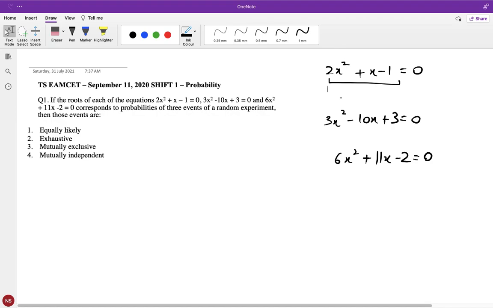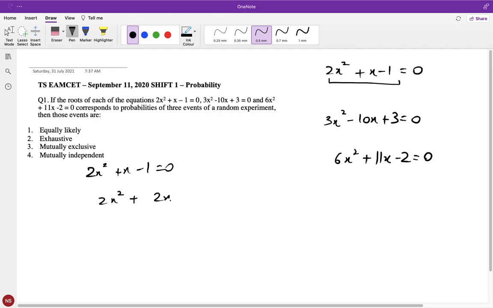Okay, so let us first try to solve the equation 2x square plus x minus 1 equals to 0. So 2x square plus 2x minus x minus 1 is equal to 0. This gives you 2x into x plus 1 minus 1 into x plus 1 equals to 0.